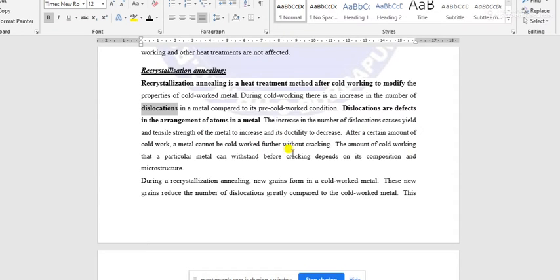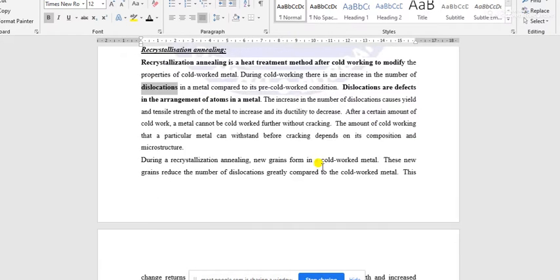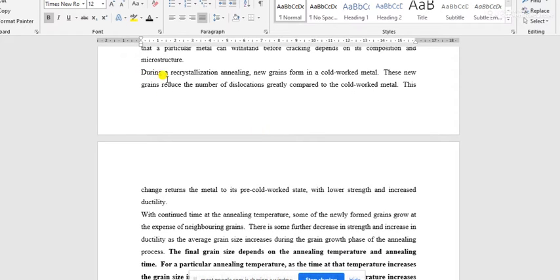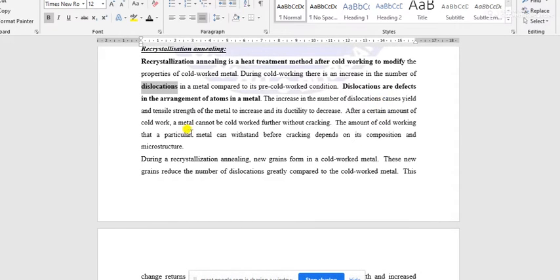Okay, and to decrease the effects of dislocation, we may use this recrystallization annealing heat treatment method. As an effect of this process, new grains may form in the cold worked metal to decrease the effects of dislocation, which means the displacement of the atoms in the metal from their original position.